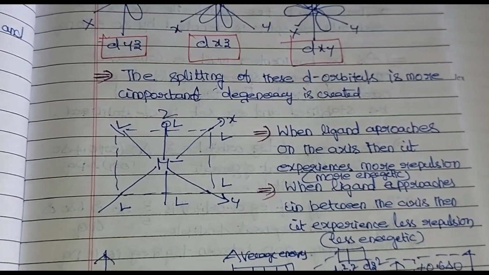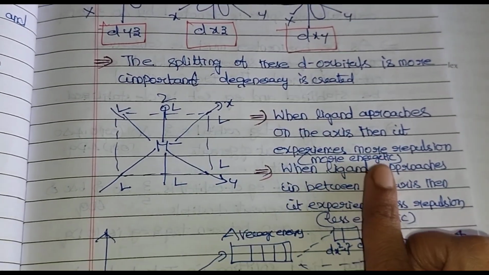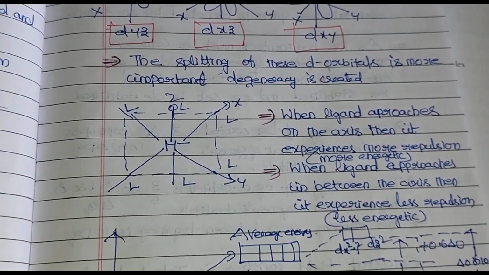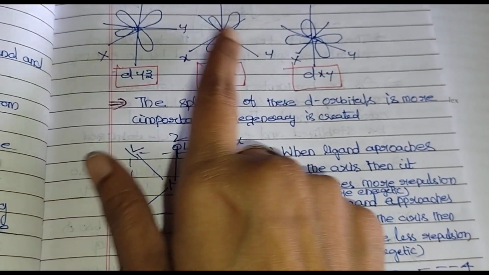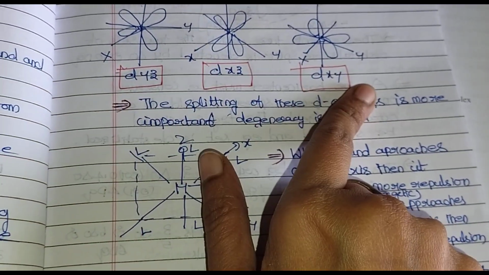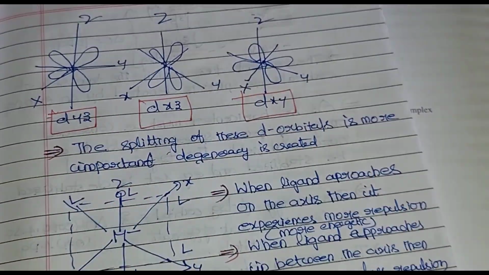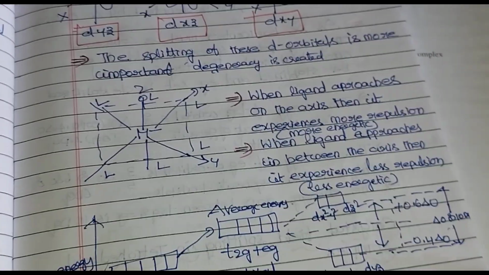When a ligand approaches in between the axes, then it experiences less repulsion. So these three have less repulsion, so they are less energetic, and these two are more energetic. Then how the splitting takes place, let's see.